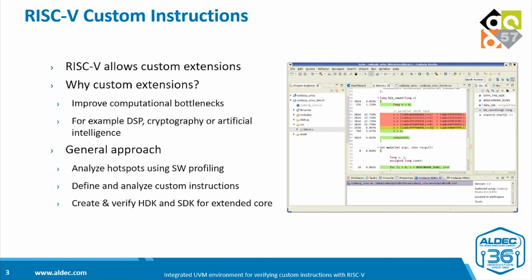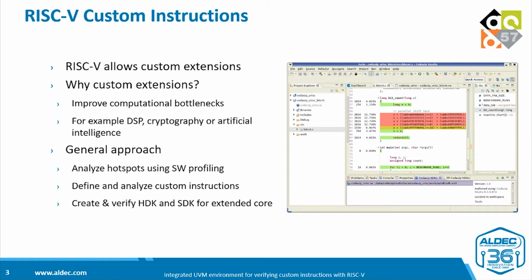So what are RISC-V custom instructions? Well, the RISC-V open instruction set architecture provides for a base instruction set, a number of standard extensions, but also provides for the user to create their own custom extensions. So why would anyone do that?